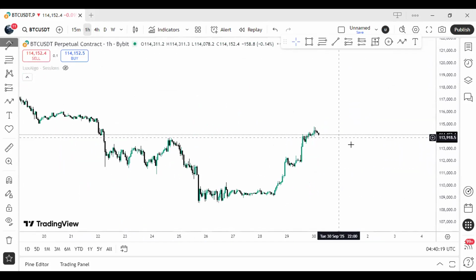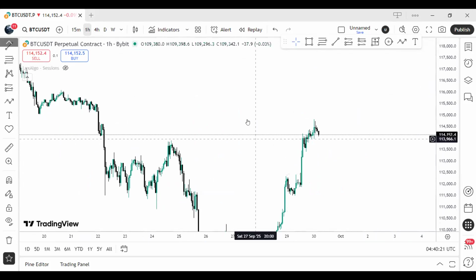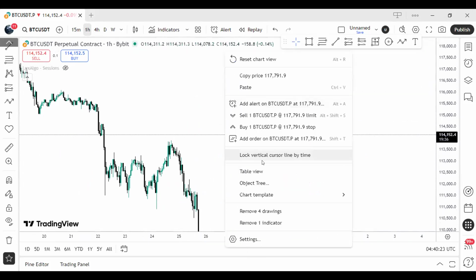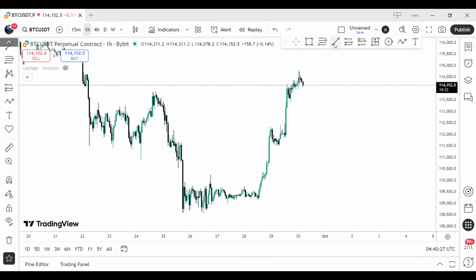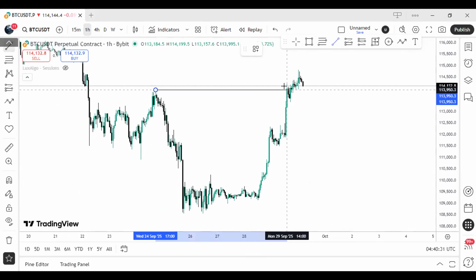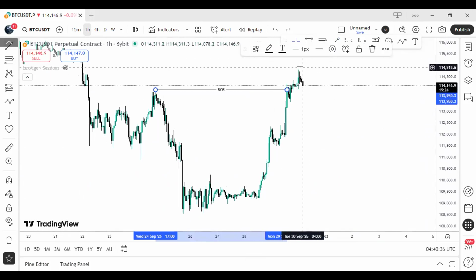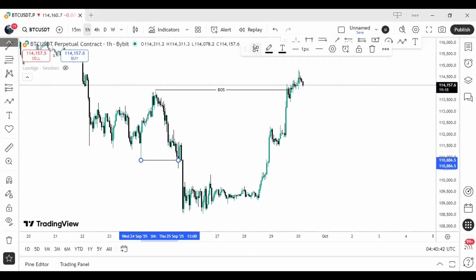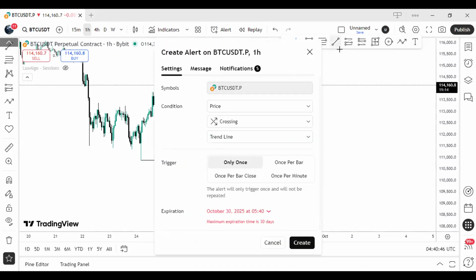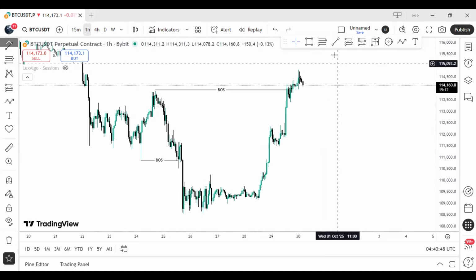So on the 1-hour time frame, we also got another trend change. I've also gotten another trend change here, which is a break of structure. Do you know why? Let me do a quick review. This was a break of structure, and why?